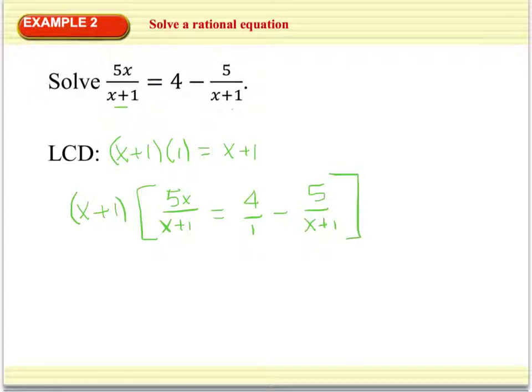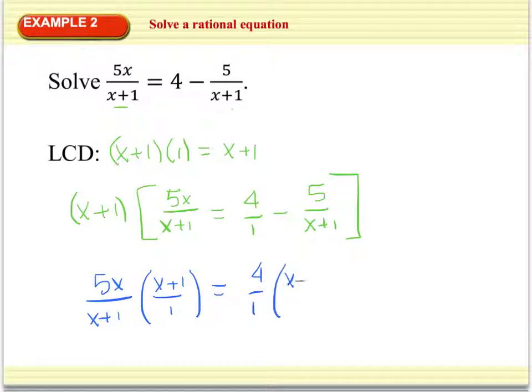If we distribute this onto each and every term, I end up with 5x divided by x plus 1 times x plus 1, and this is really over 1, which equals 4 over 1 times x plus 1 over 1 minus 5 divided by x plus 1 times x plus 1 divided by 1.